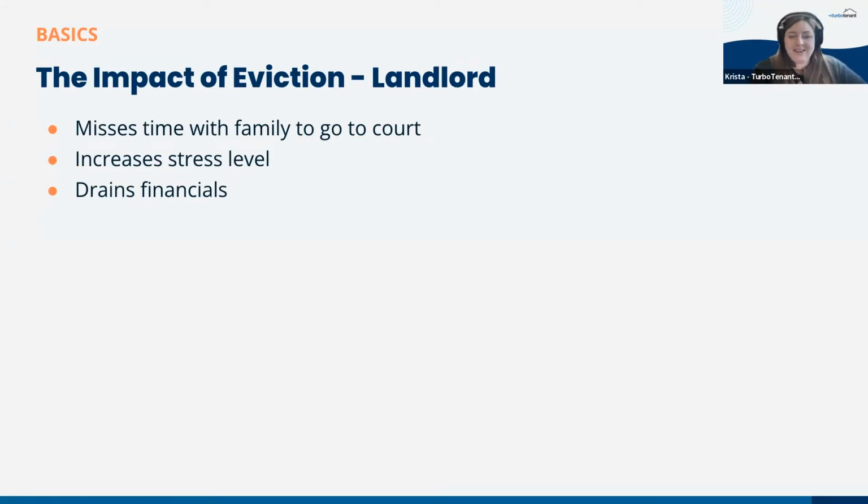And equally importantly, your financials really could take a hit. There are quite a few fees to cover in the eviction process, which we'll detail later at the cost of evictions. But just know it's not as easy as filing a notice and then recouping, let's say, lost rent the next week. That simply doesn't happen. So as a landlord going through this, just consider not only the impacts to you, but also the impacts to your tenant.